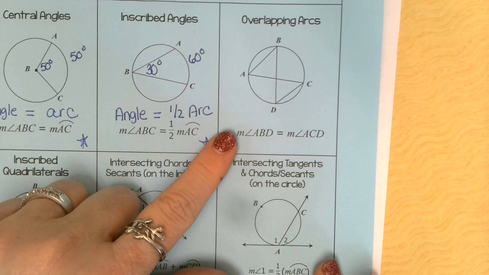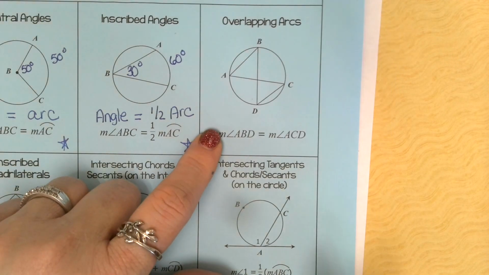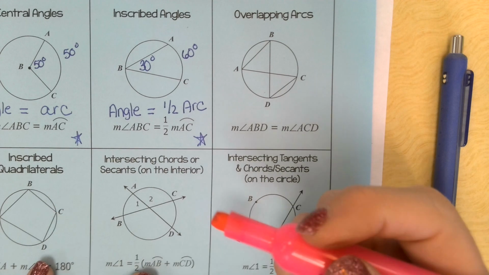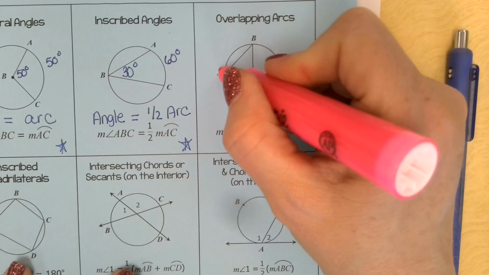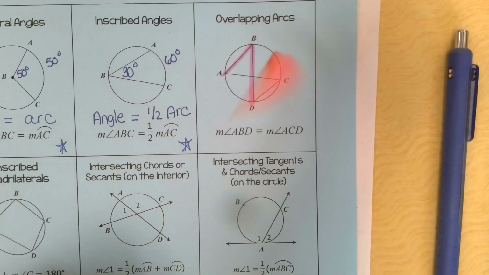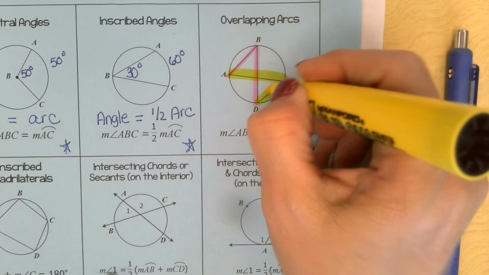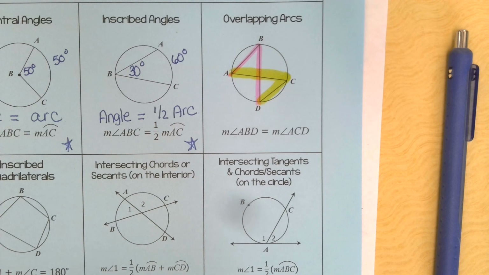All right, this one I don't think shows up on your worksheet, but it is a very popular theorem in circles. Grab your highlighter, and what happens is we've got this pink angle, and we've got this yellow angle. Notice both of those angles are opening up to arc AD.